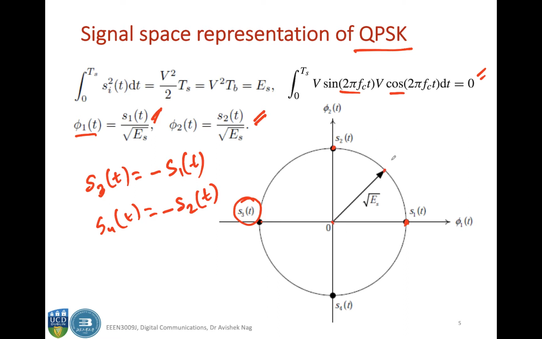from the origin of the signal space, or rather consider any point in the signal space, and the distance of that point from the origin gives the amplitude, and distance square gives the energy.